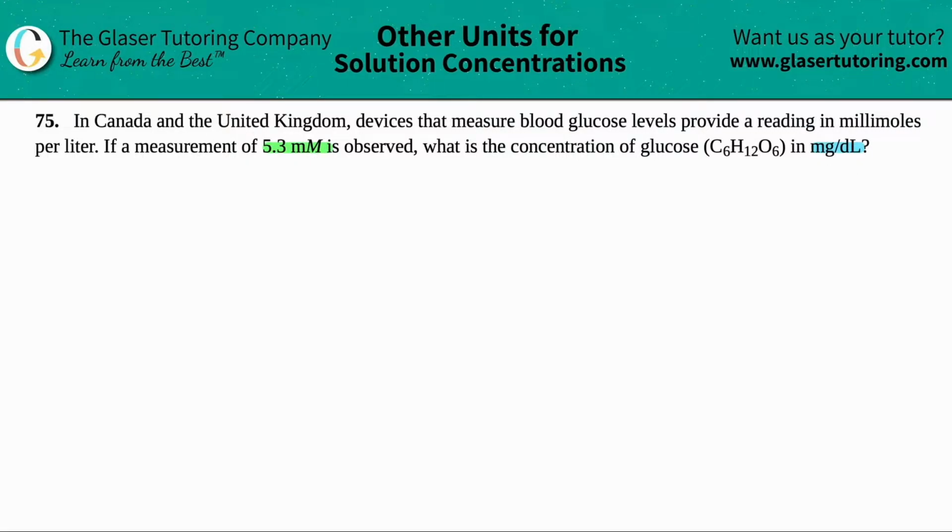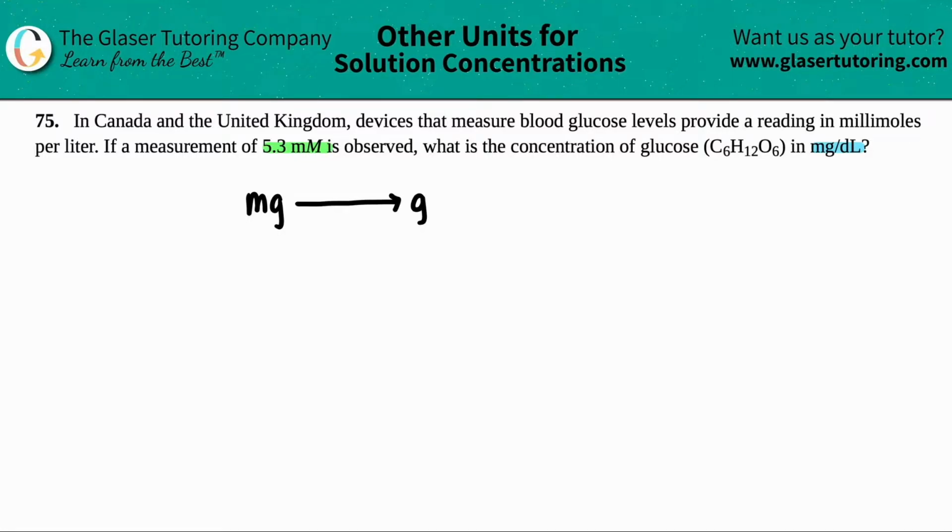The first thing is that we usually deal with molarity, which is capital M. We don't really use millimolarity, which is basically the same thing as millimoles per liter, but I'm going to make it easier for you guys. Remember how we can take any unit and convert it into the base unit?